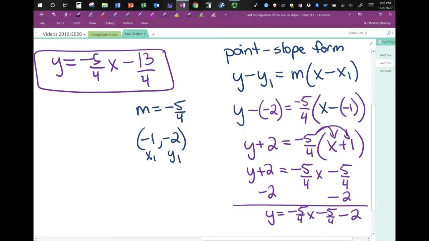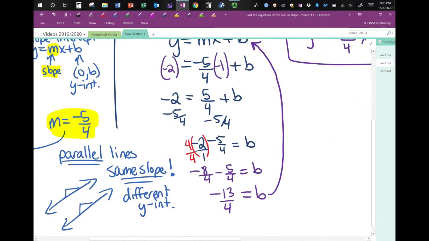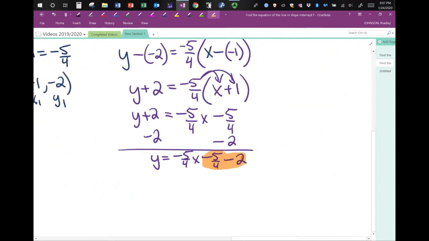That should look familiar because earlier we had -5/4. Let me circle it. -5/4 minus 2 showed up directly earlier on. And remember, we made a common denominator of 4.